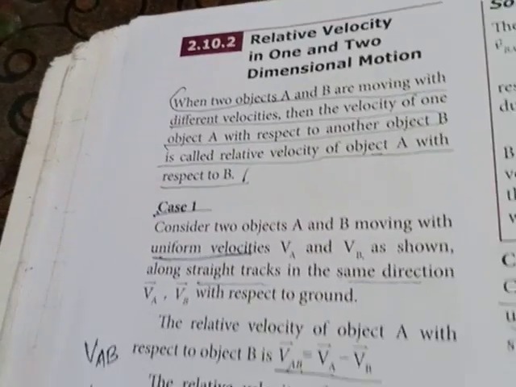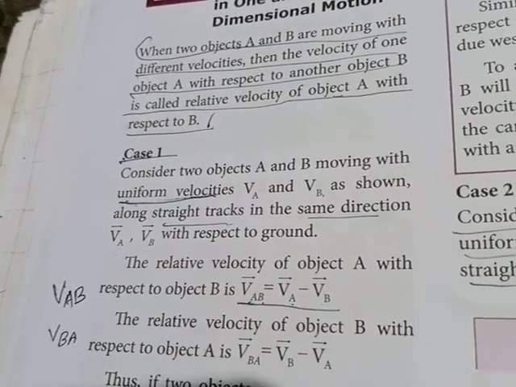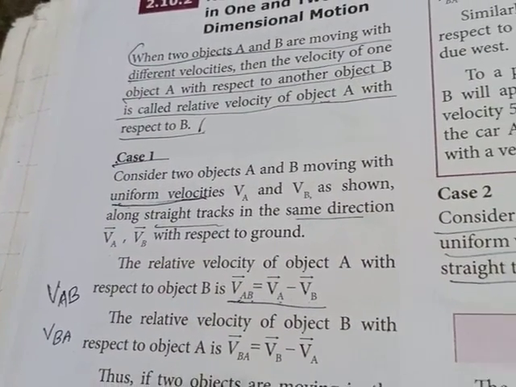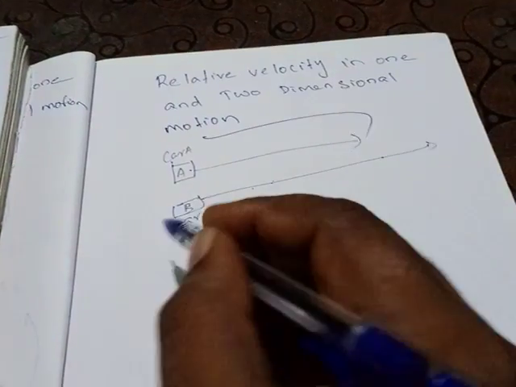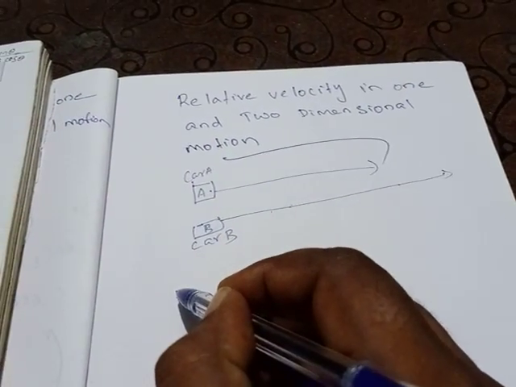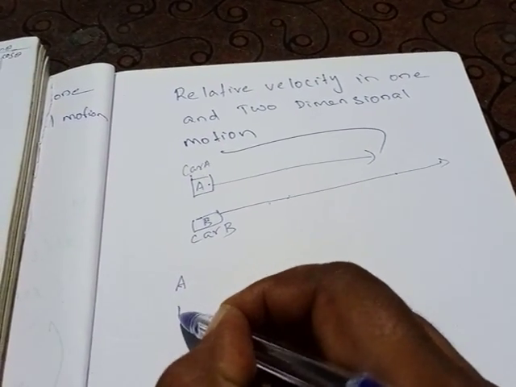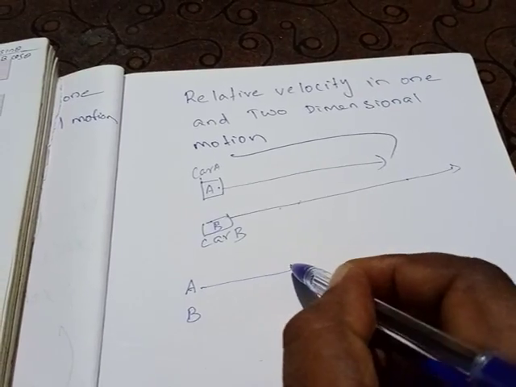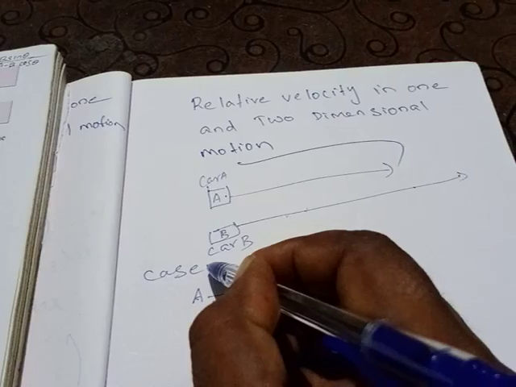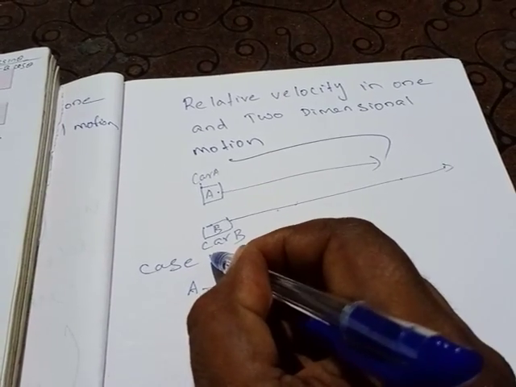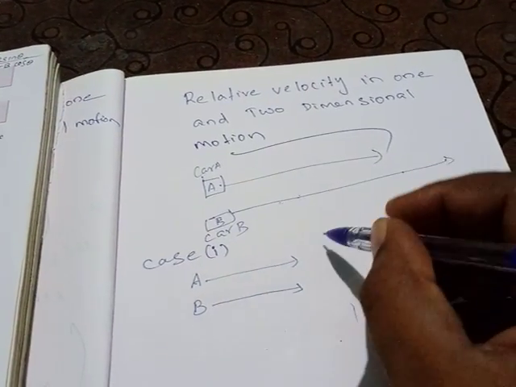First case: consider two objects A and B moving with uniform velocity. Assume two cars, the same example. Case 1, uniform velocity.